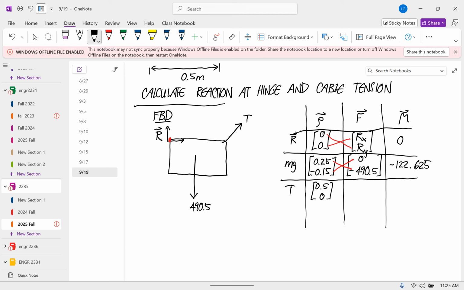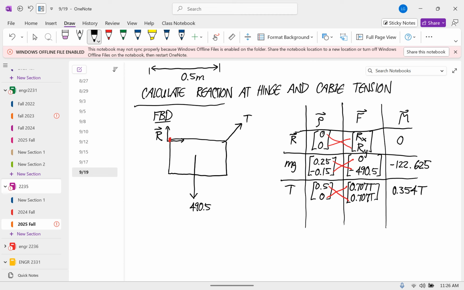The force is that would be T times cosine of 45, T times sine of 45, which is 0.707 T, 0.707 T. The cross product is this times this minus this times this. And so that is positive 0.354 T.